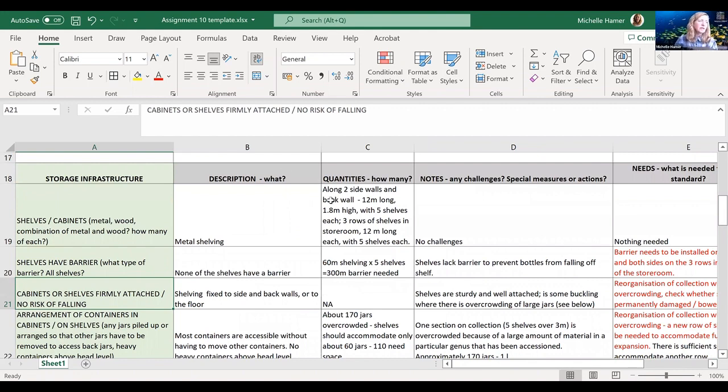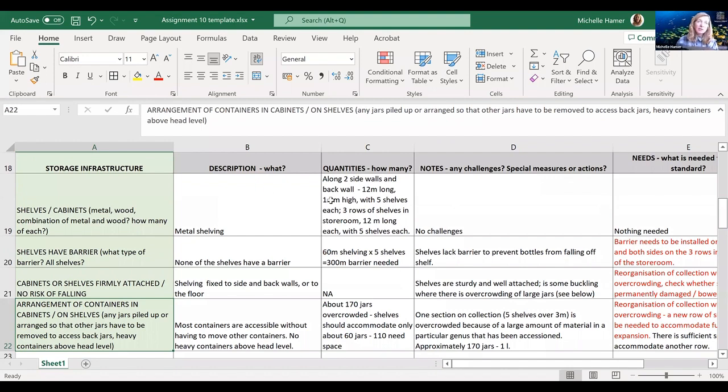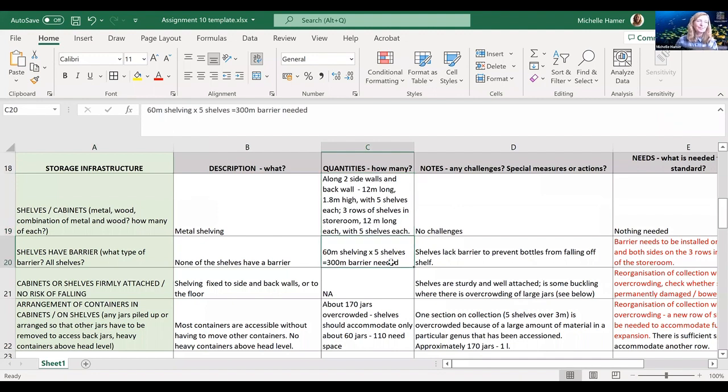And you can see here, I've put in the details. So how much shelving have you got? If you need to install a barrier and someone says, well, how much is it? You can tell them it's 60 meters of shelving. Sorry, 300 meters of barrier that's needed, and then you can do the costing for it.